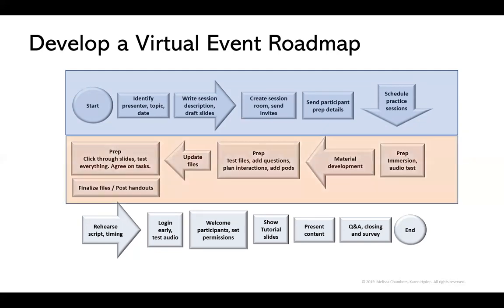That second row there is really about preparation. So when I'm doing production work or working behind the scenes and preparing even just for a webinar, I will meet with my facilitators at least once, if not 2 to 3 times, to make sure that we've set expectations and that we have tested everything.